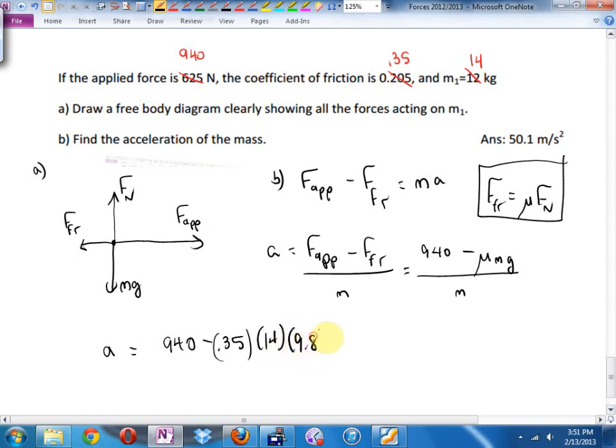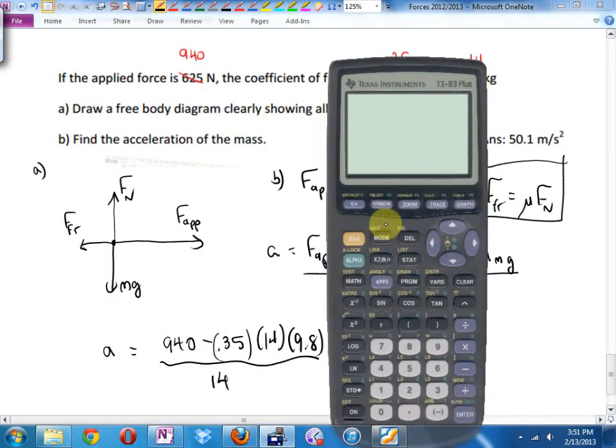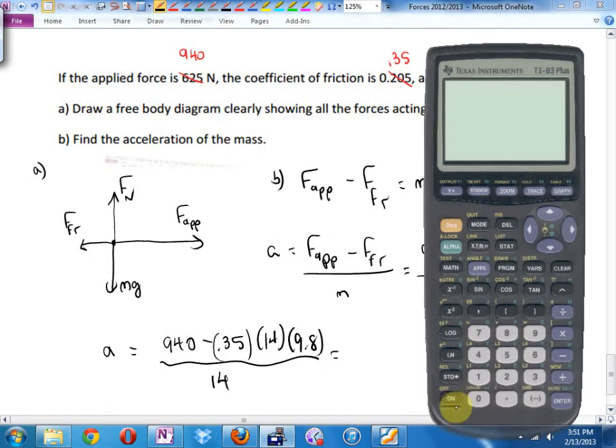Times 9.8, divided by 14. Of course, Joel, I'm going to put a bracket around the top. Right. Bracket. And then I'm going to go 940 minus 0.35 times 14 times 9.8. Close off the top, divided by, do I have more than one number on the bottom? Then I don't need a bracket. Yeah, I get an acceleration of 63.7.